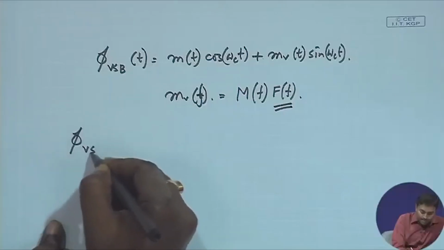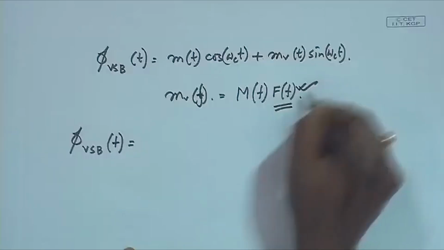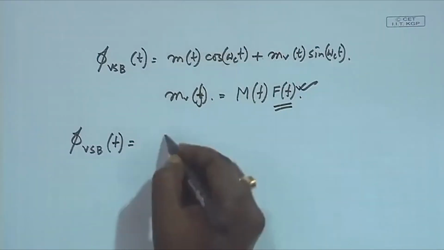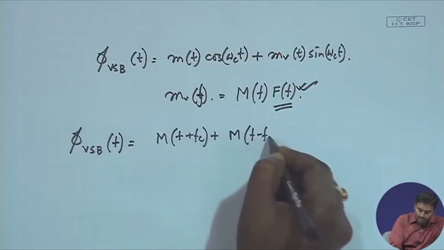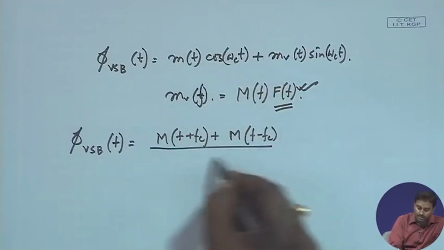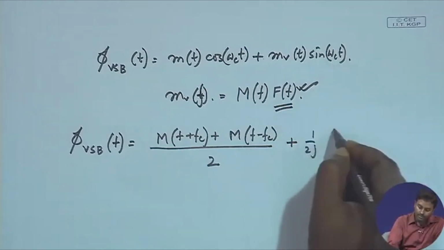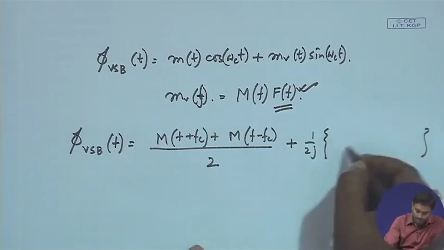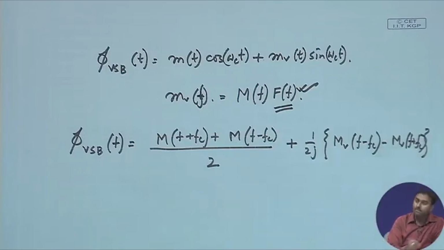Okay. So, immediately what we can write, this phi VSB(f), we can now represent it in the frequency domain, right. So, if mV(t) is written as this, I can now write this as [M(f+fc) + M(f-fc)]/2, of course because it is cos omega ct, so divided by 2, plus because it is sine, so it should be 1/(2j), and I will have this MV(f-fc) minus MV(f+fc), right.